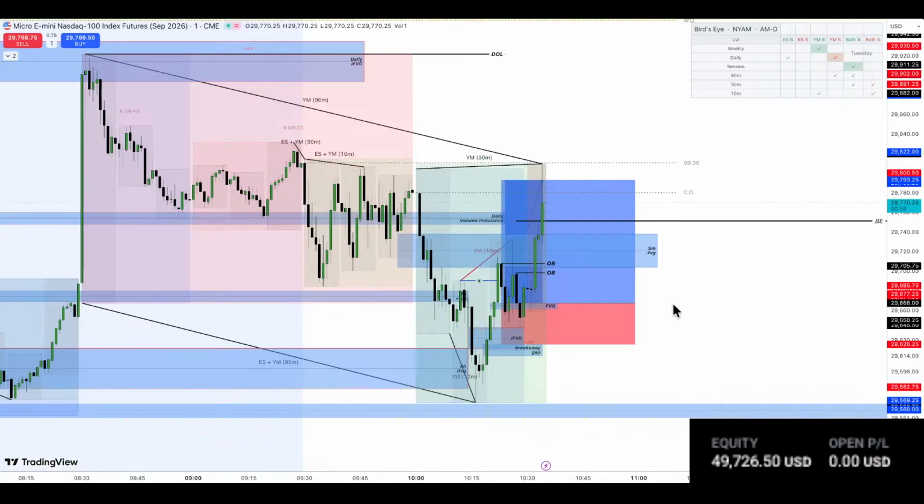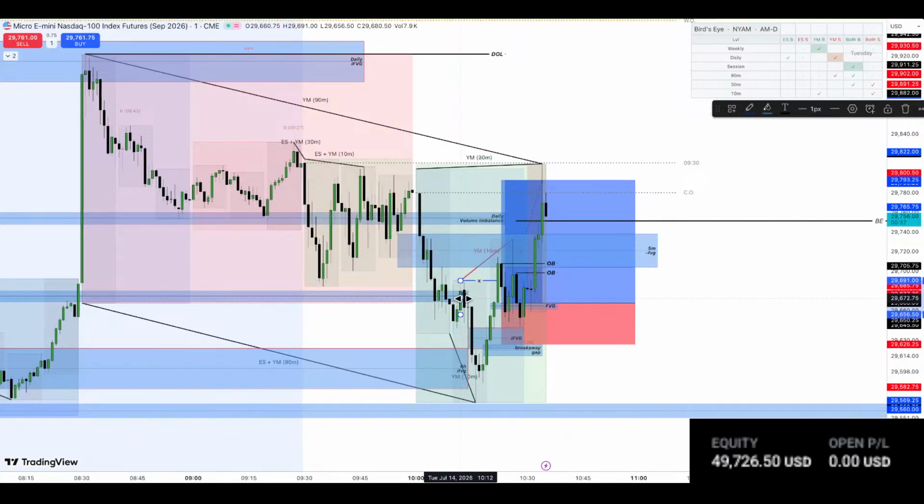So there you go. Price tapped this 4 hour IFVG and then just displaced higher, closing above this high or this bullish breaker.